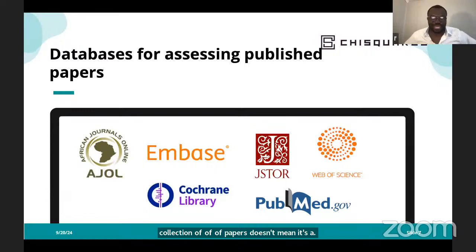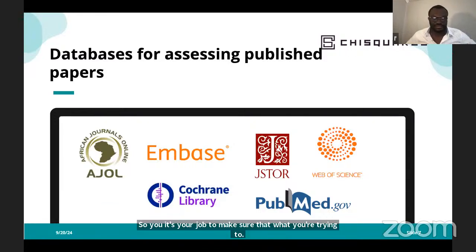You have, for example, Academia, or there are millions of sites that are just collections of papers. That doesn't mean they are databases with proper processes for indexing and referencing. So it's your job to make sure that what you are trying to cite meets the minimum standards for what is considered a scientific database.